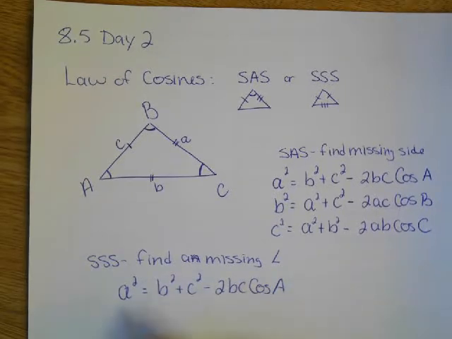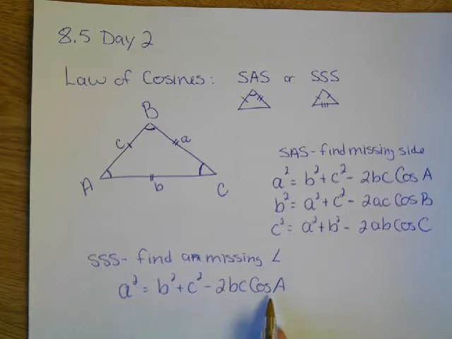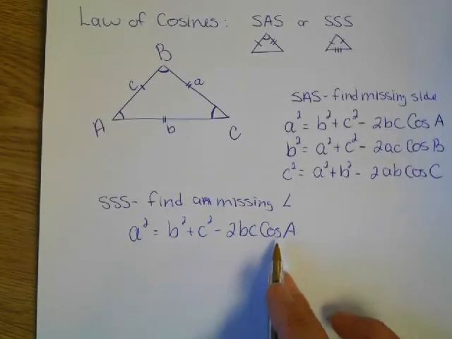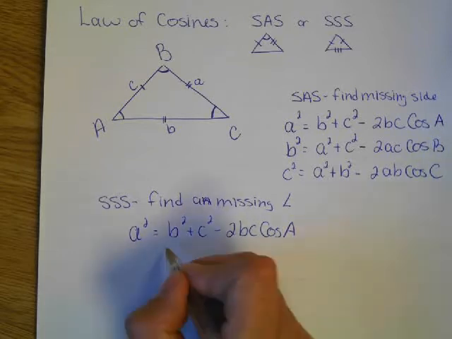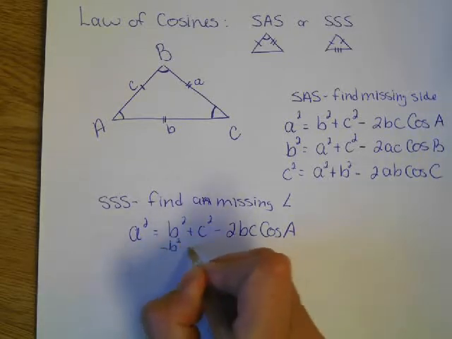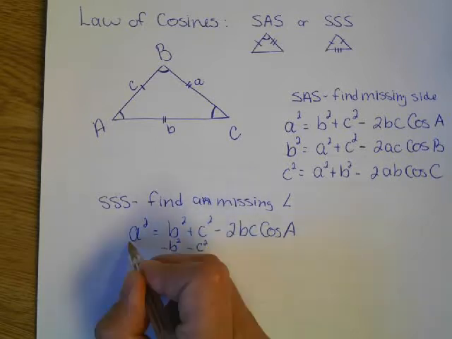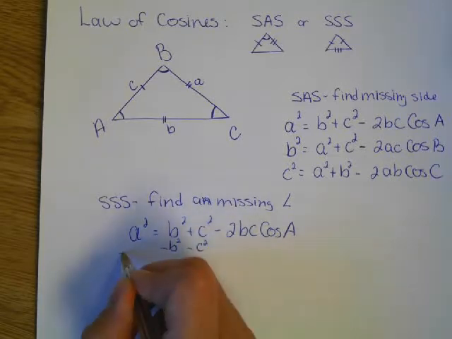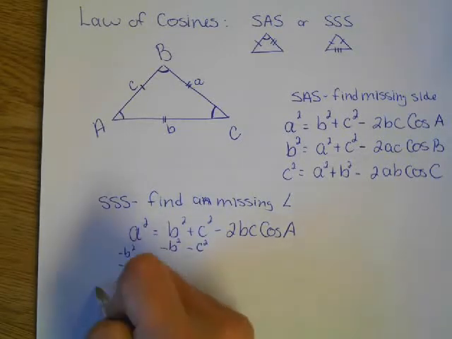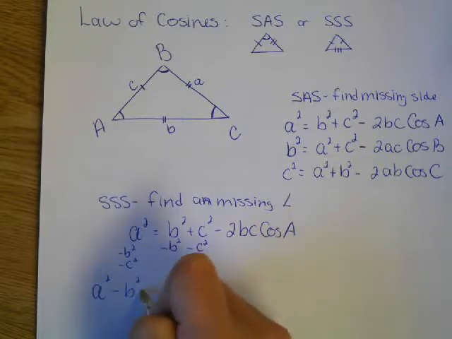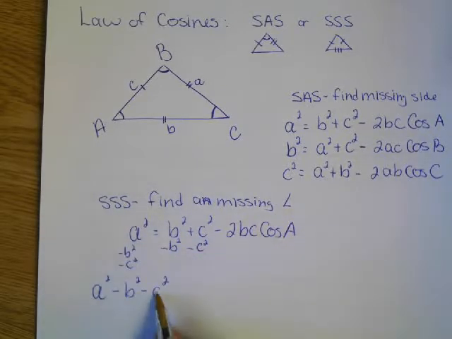So we want to kick everything else over to the other side except for the cosine of A. The first steps algebraically would be to subtract each of these over. So we'd be subtracting b squared, subtracting c squared. Over here on the left, we will have a squared, subtract b squared, subtract c squared. And it wouldn't matter which of these two come first because they're both subtracted.